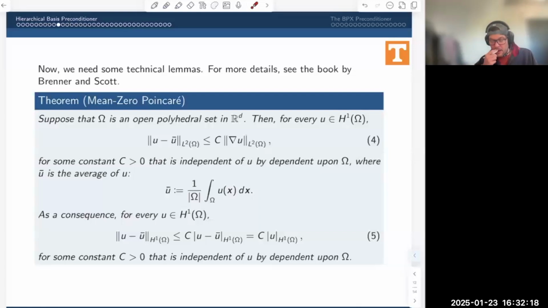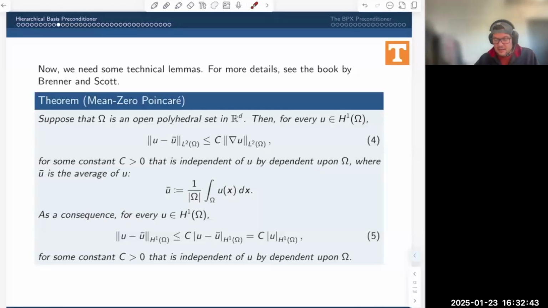Okay. Now, if we have this, remember the H1 norm has an L2 part and it has a gradient part. So the full H1 norm is an L2 part plus a gradient part. Well, I can break the H1 norm into its L2 part and its gradient part. The L2 part is going to be bounded by something which looks like the gradient part, and the gradient part is already the gradient part.